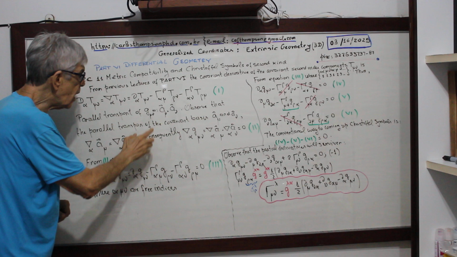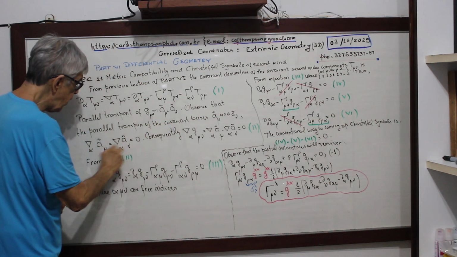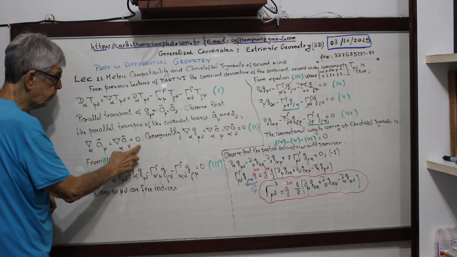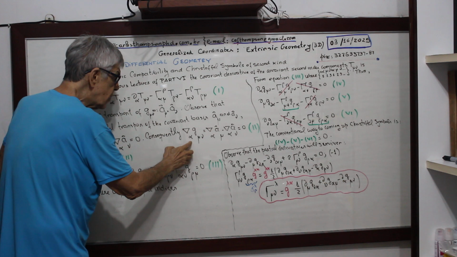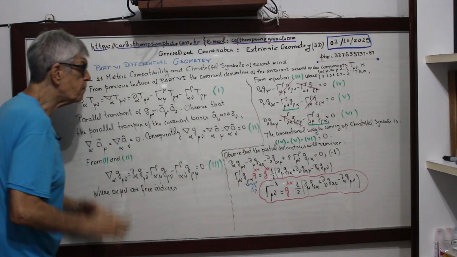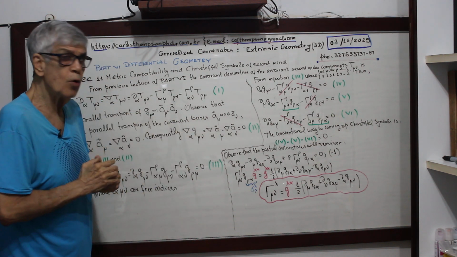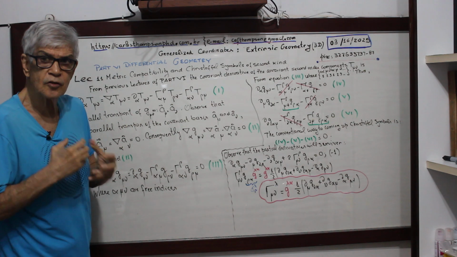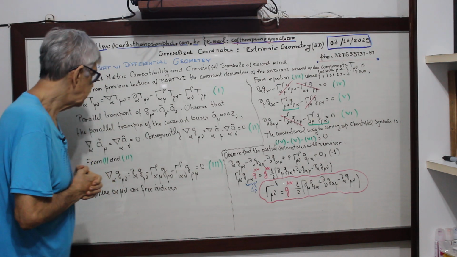Each individual vector here has zero covariant derivative. Consequently, the covariant derivative of g_μν is 0. This is a very, very important result to obtain the Christoffel symbols of second kind.